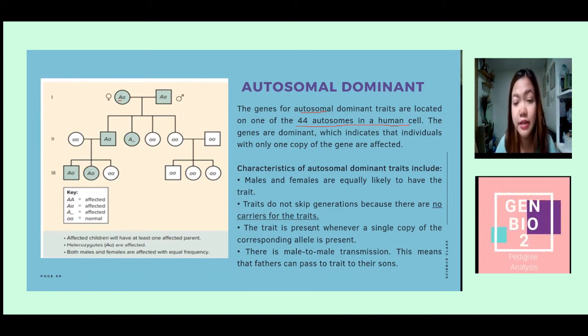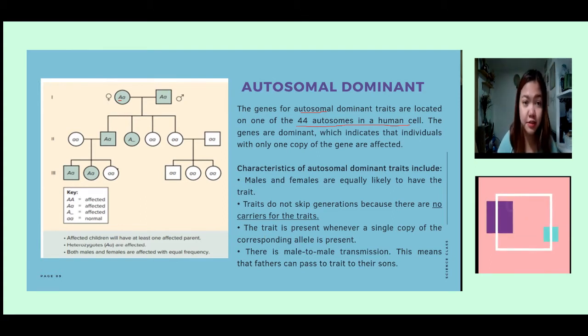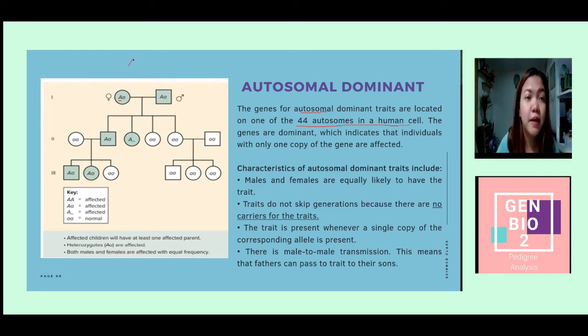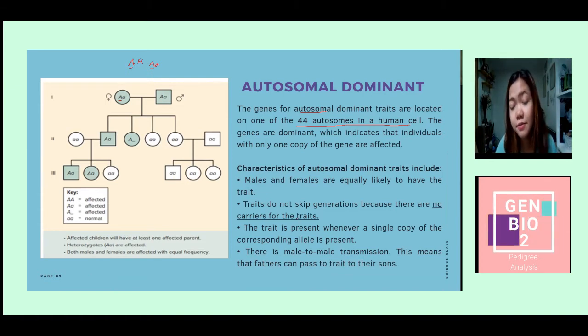Okay? Next, the trait is present whenever a single copy of the corresponding allele is present. So, yun yung sinasabi natin kanina na it doesn't matter if it's homozygous dominant or hetero, for as long as there is a dominantly expressed trait. Next, there is male-female transmission.